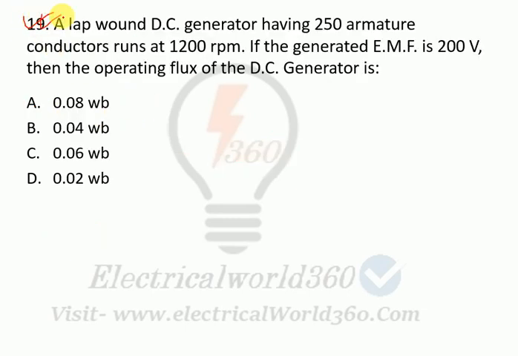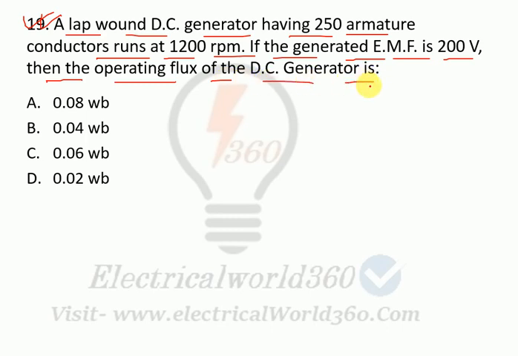So this is the question number 19. A lap wound DC generator having 250 armature conductors runs at 1200 rpm. If the generated EMF is 200 volt, then the operating flux of DC generator is what? So in this case we can write it this way.